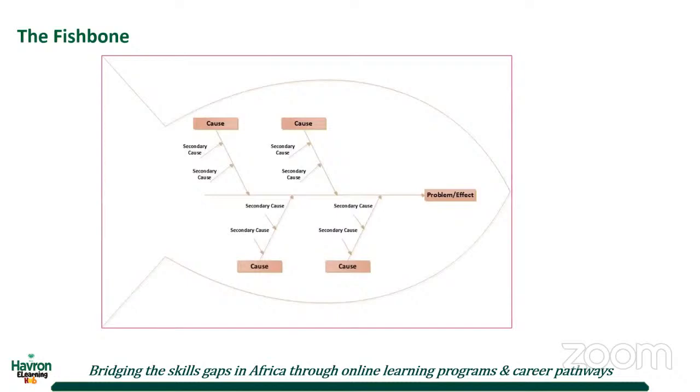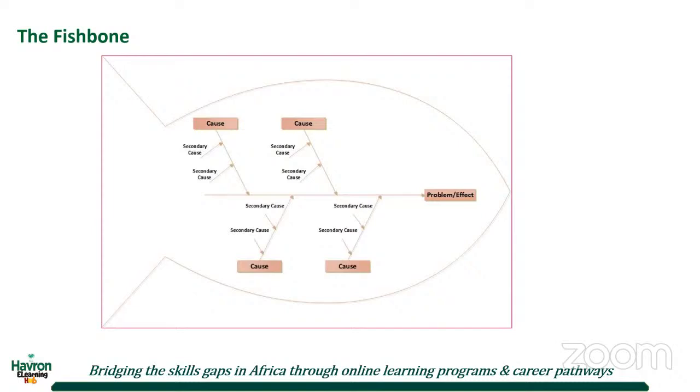The next tool is the fishbone, called the Ishikawa diagram, after the Japanese. This kind of tool is mostly used in big organizations, where individuals will be asked what the secondary problem is.